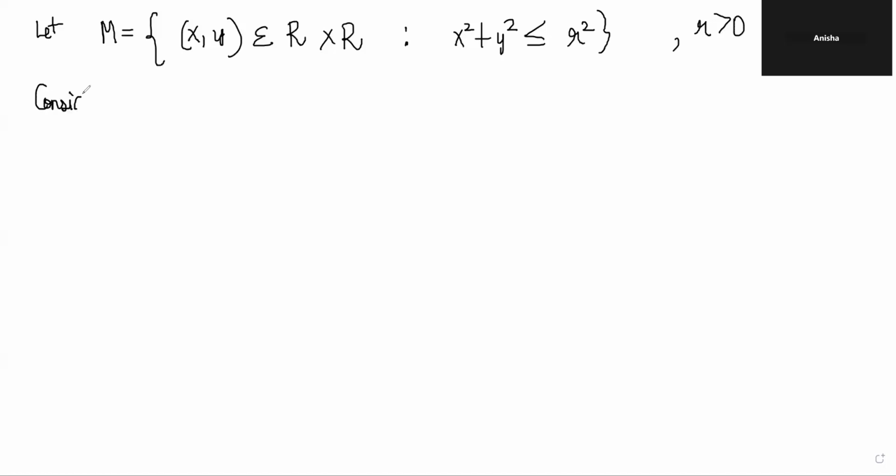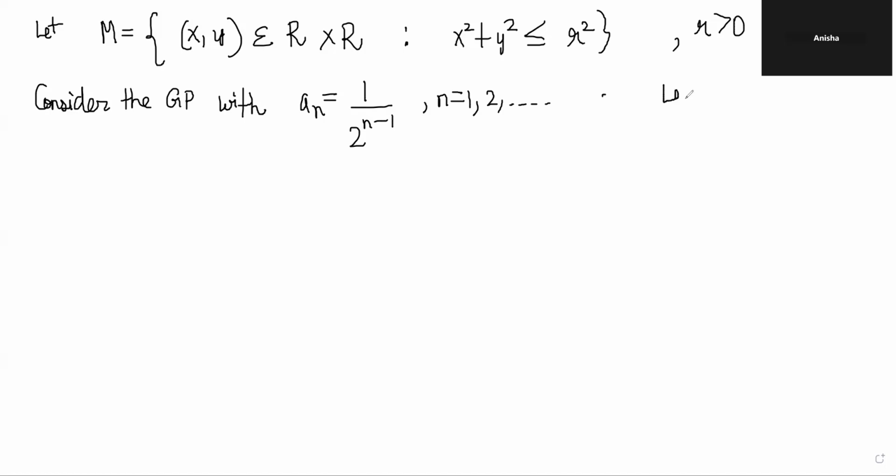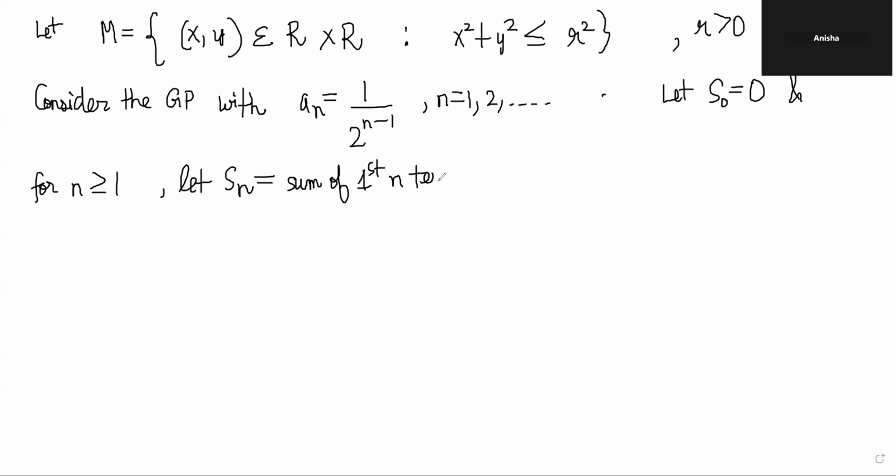Consider the geometric progression, the GP, with a_n equal to 1 by 2 power n minus 1, for n from 1 onwards. Let S0 equal 0, and for n greater than or equal to 1, let Sn be the sum of the first n terms of this GP.